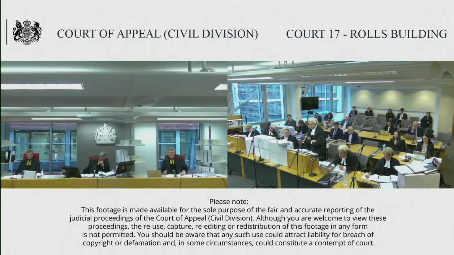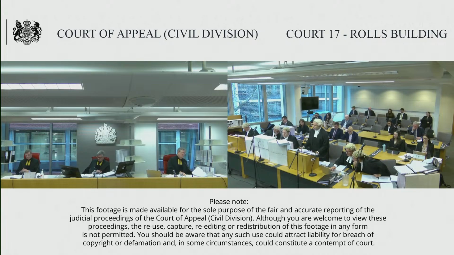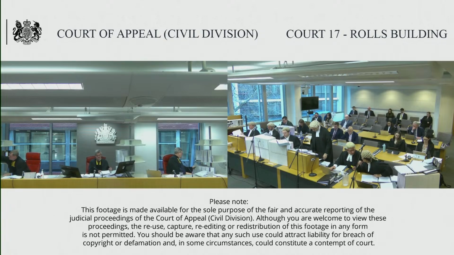Let me come at it another way. If we look at the Swinson case, it's not an insurance case, but I just want to show you the question of form. We go to the Furlough Authorities 2, tab 26.